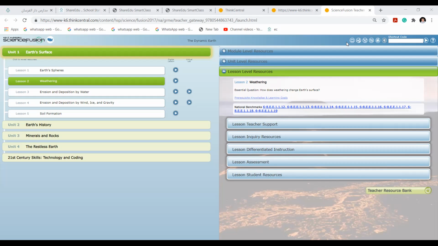Physical weathering is ice wedging, animal action, abrasion, yes, plant growth.